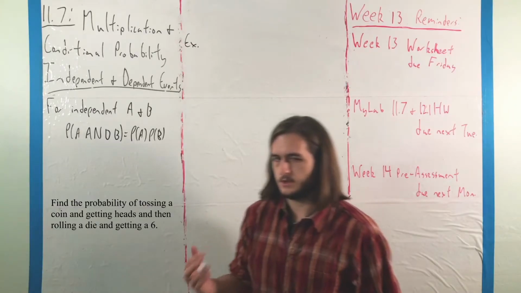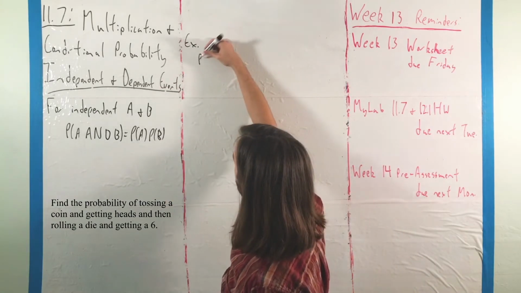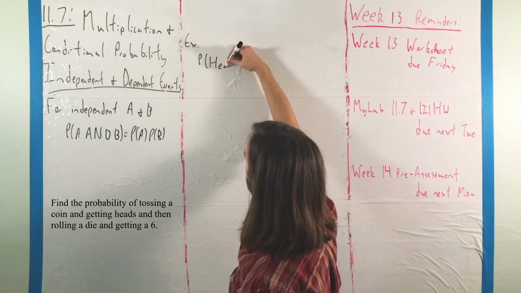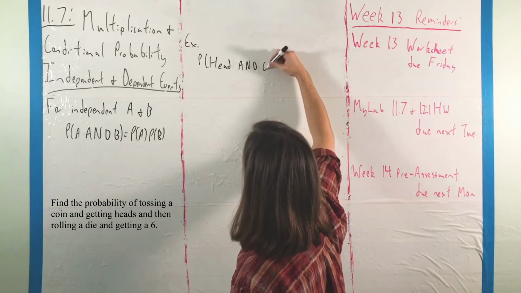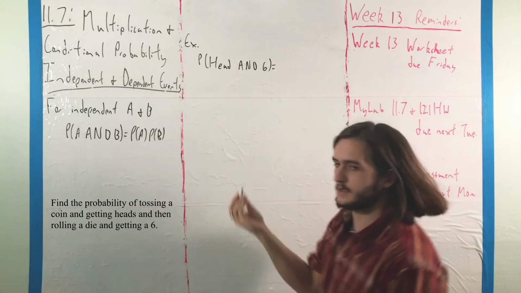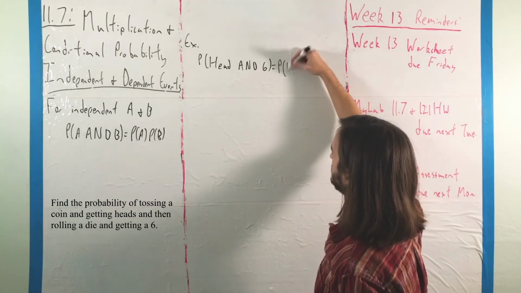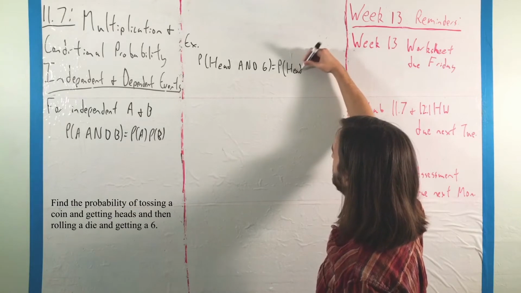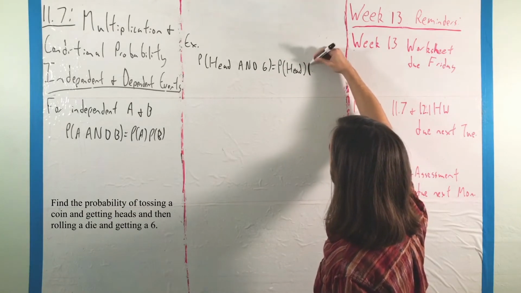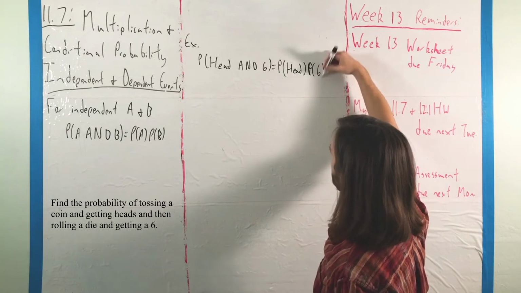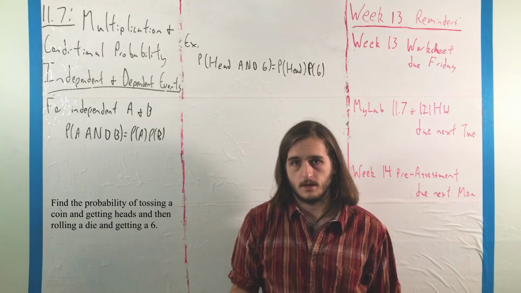There's not too much to what we have to do here. If we want the probability of getting a head and rolling a 6, we're looking at the probability of getting a head times the probability of getting a 6, because presumably these two things don't affect each other in any way.